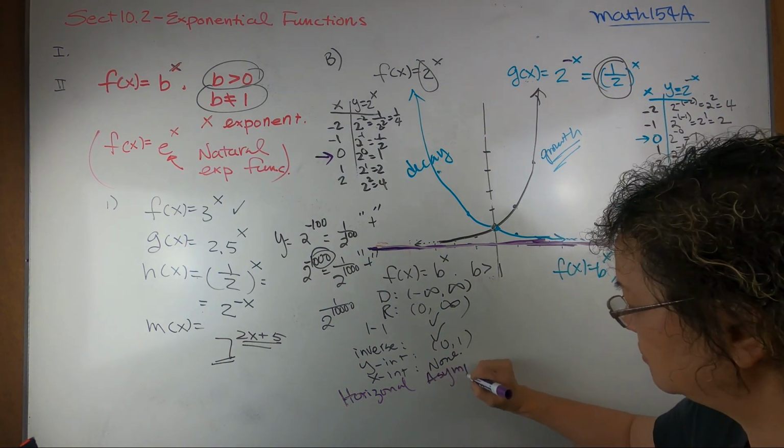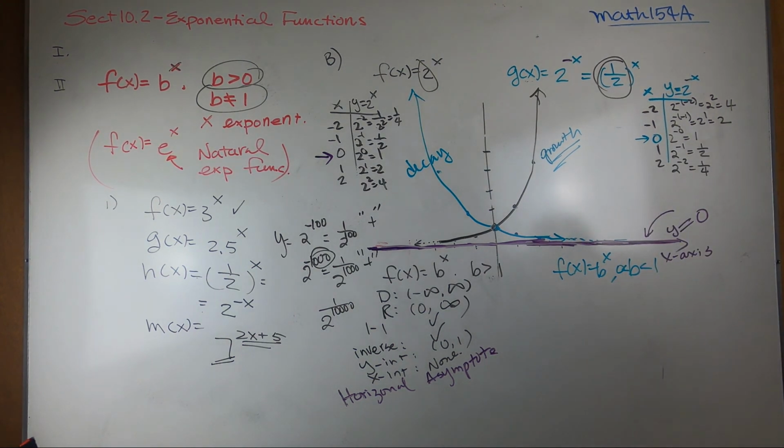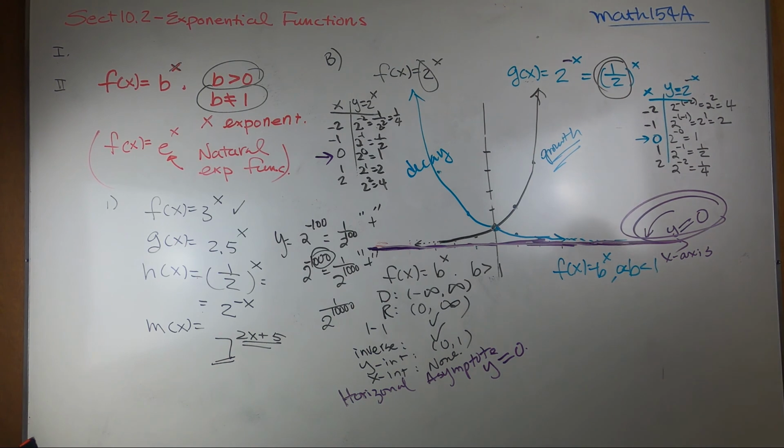What does asymptote mean? It is the boundary line that the curve approaches but never touches. Okay, so the horizontal asymptote, this line is y equals 0.